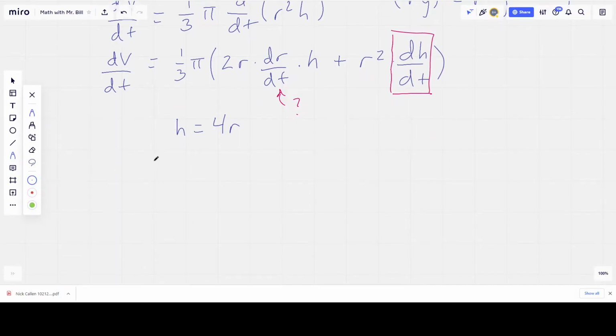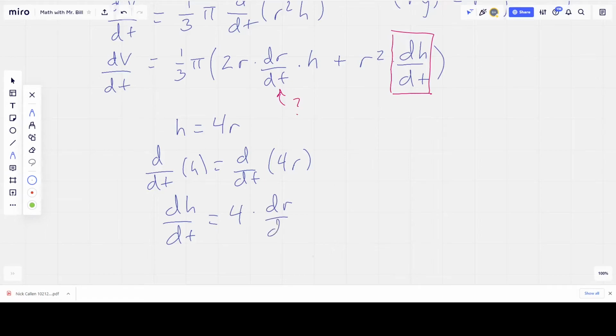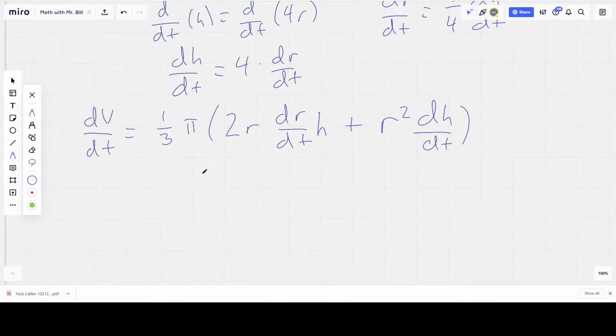So I can take the time derivative of both sides, and that will give me some information about the derivative of r with respect to time. So if I continue this, I get dh dt is equal to 4 times dr dt. So what does that tell me about dr dt? Well, that tells me that dr dt is equal to 1/4 dh dt. So now I have everything that I need.